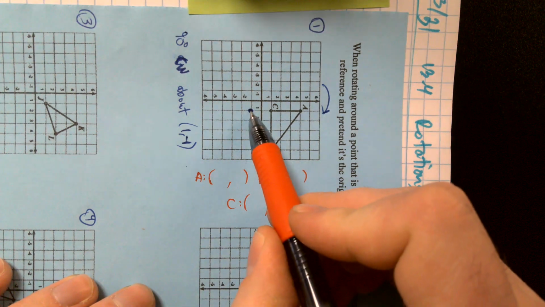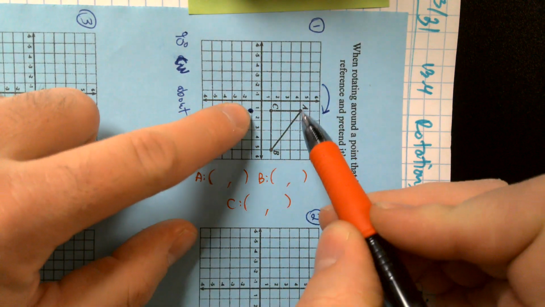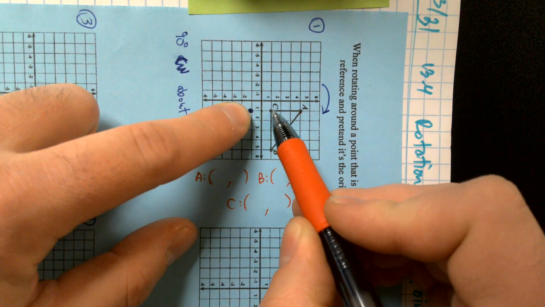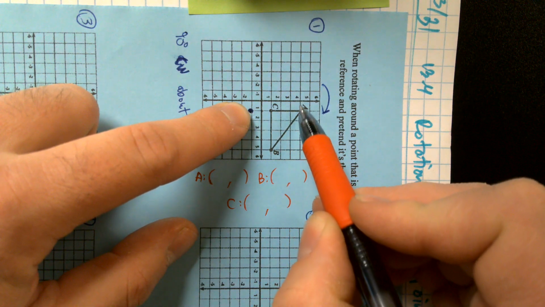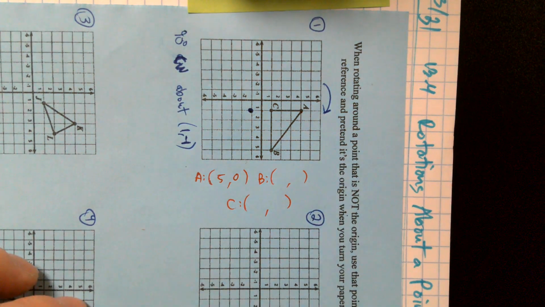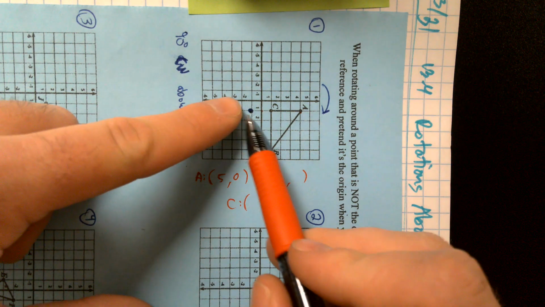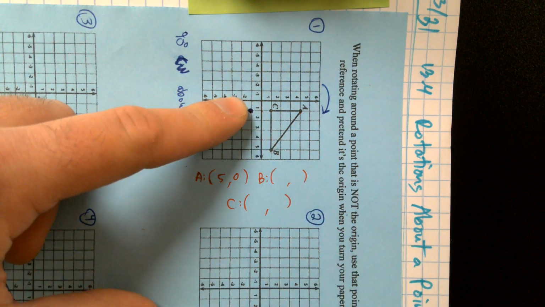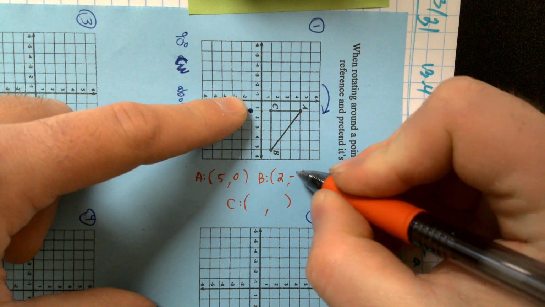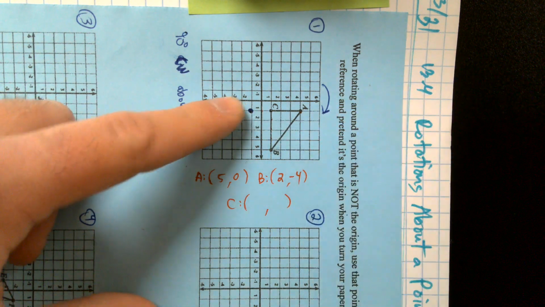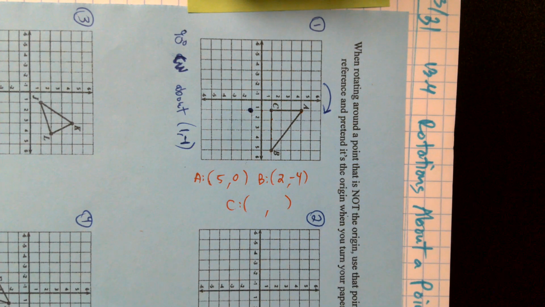From my pretend origin, what would the coordinates of this point A be? 1, 2, 3, 4, 5, 0. 5, 0. From this pretend origin, what would my coordinates for point B be? 2, negative 1, negative 2, negative 3, negative 4. 2, negative 4.